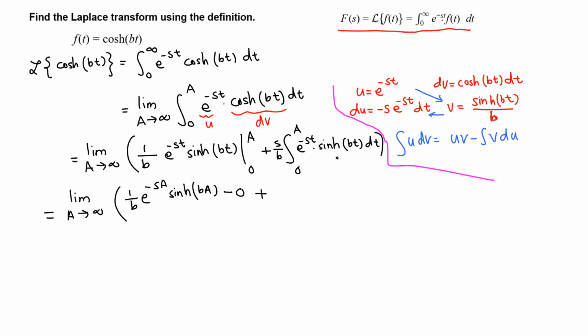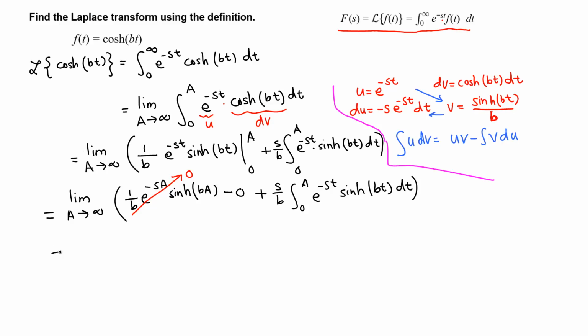Plus, let me write this one more time, the integral from 0 to a of e raised to negative st sine hyperbolic bt dt. When we take this limit, when s is positive, a goes to infinity, so e raised to negative infinity makes the whole thing go to 0 if s is positive.